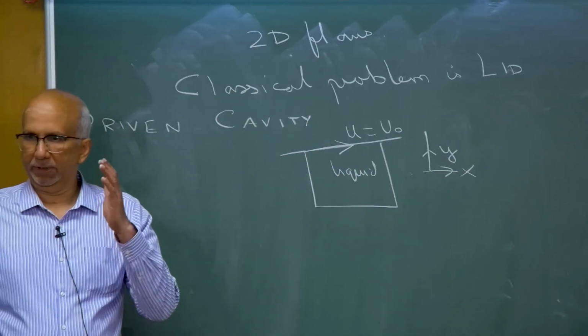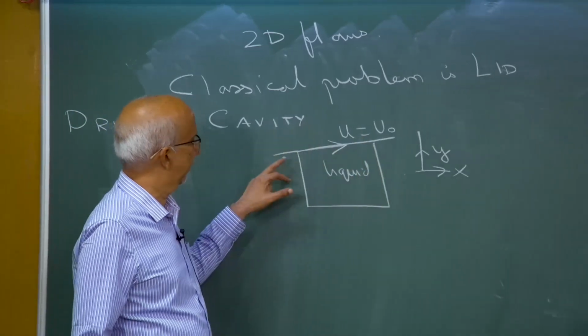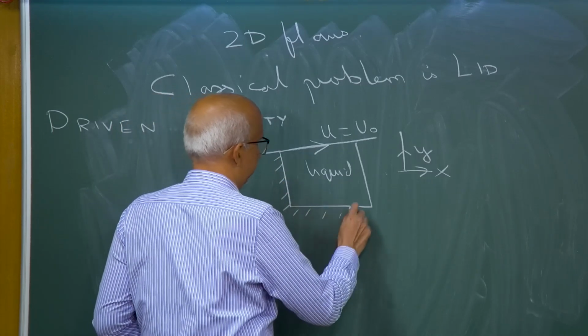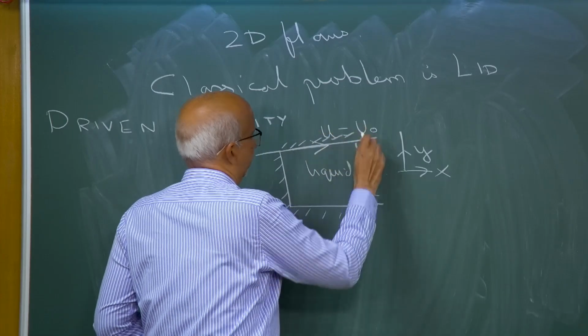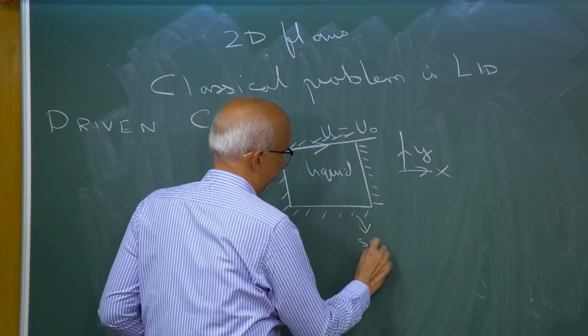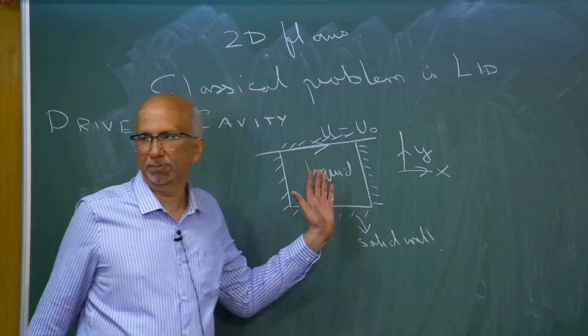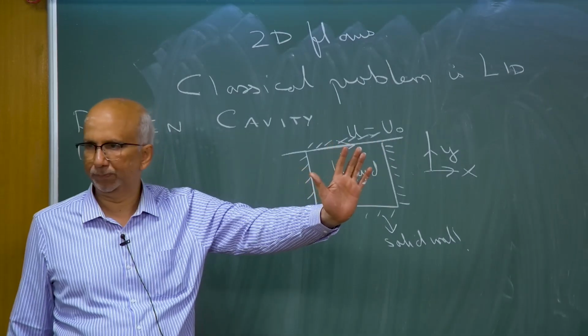So, this is a rectangular cavity, okay. These are all solid walls, and to keep life simple, I am assuming as usual z direction goes to infinity, okay.